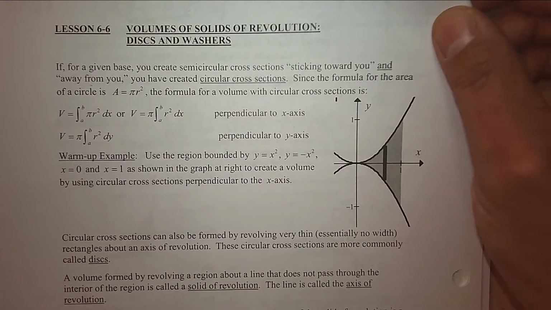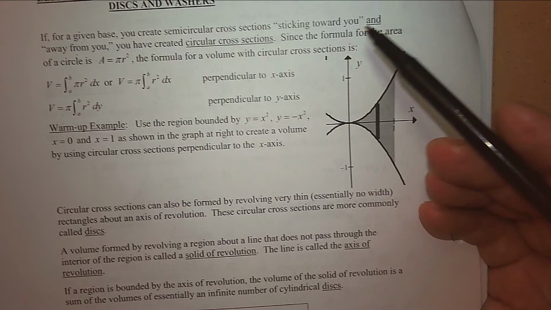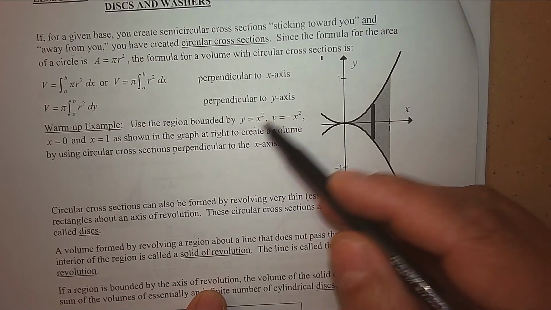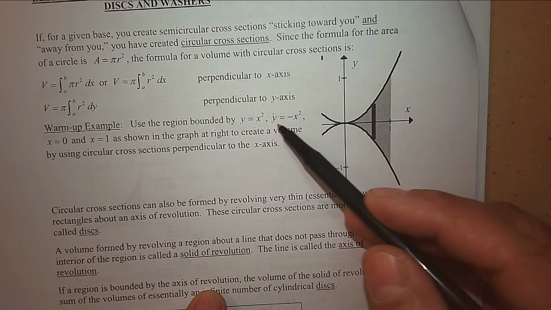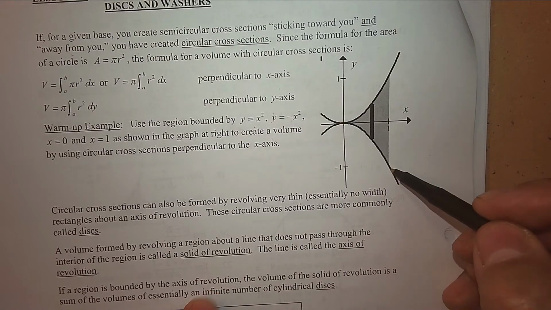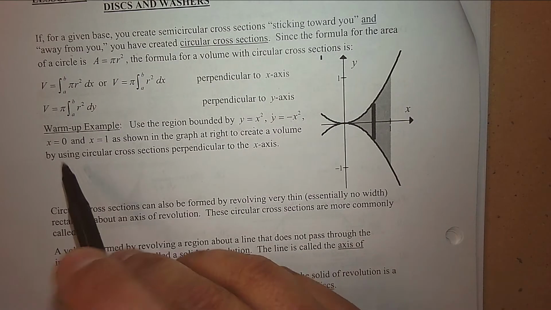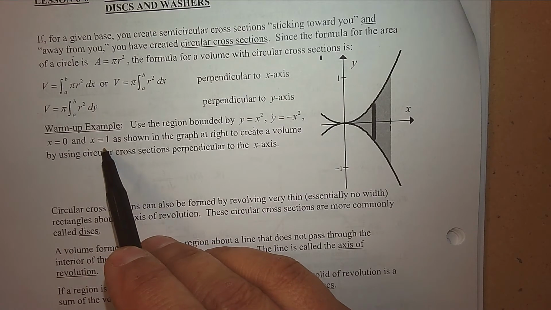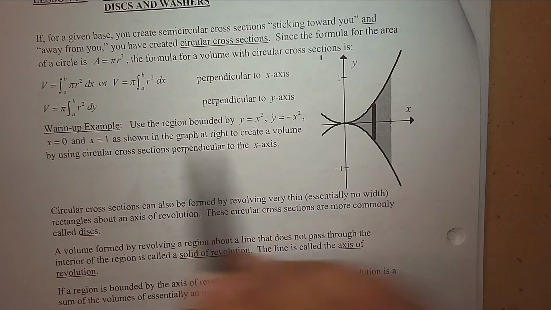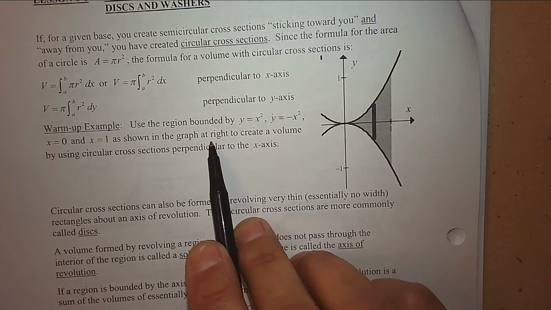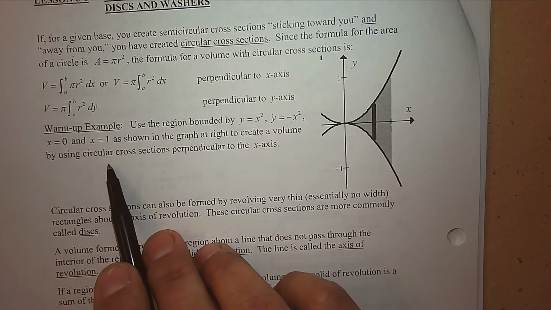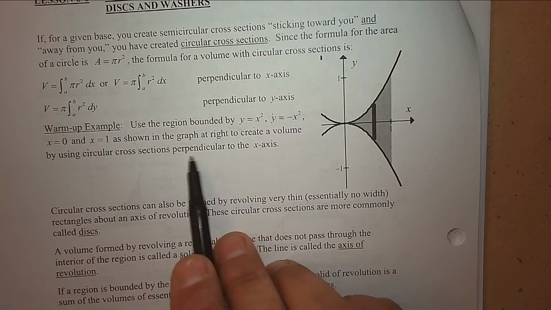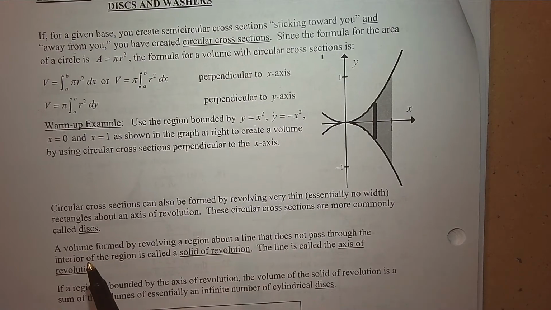Okay, so warm-up example. Use the region bounded by y equals x squared and y equals negative x squared, and it goes from x equals 0 to x equals 1, shown in the graph, to create a volume by using circular cross-sections perpendicular to the x-axis.